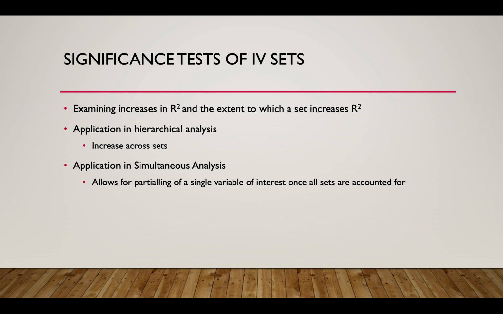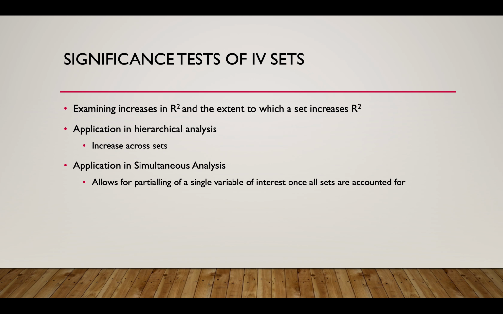In hierarchical analysis, we will have something like at step 1, we entered biological sex and age, and these were significant predictors of our outcome variable. And we will provide F, and we will provide an overall R squared for that set. We might also provide the slopes, either standardized or unstandardized, for each of those predictors.